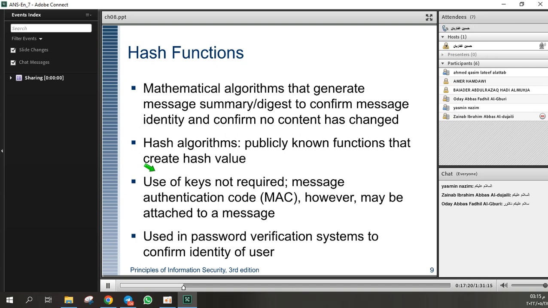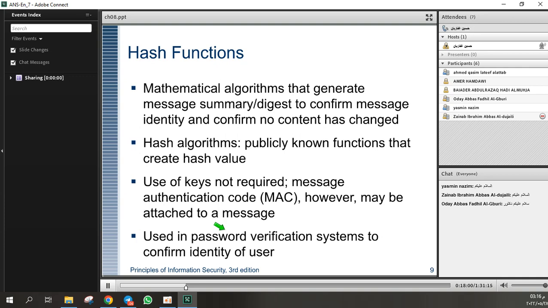We can use hash functions to create the message authentication code, or MAC. We can add the MAC code as a digest to the message for authentication. Or we can use hash functions for password verification systems. For example, when you log into Windows, the Windows operating system is using hash functions.